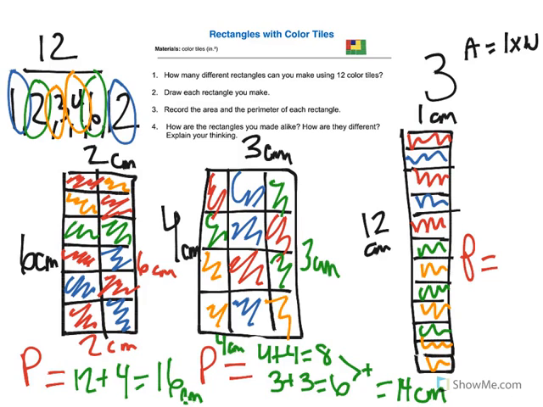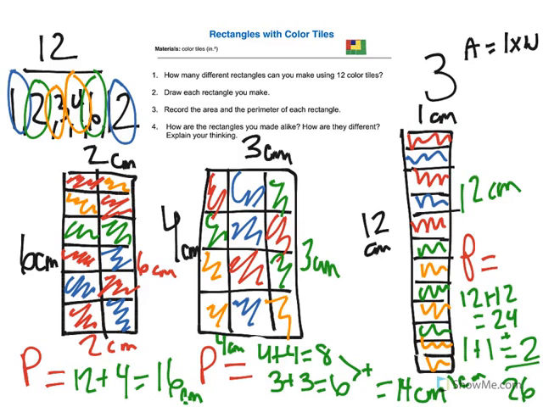So now if we add 12 over here and 1 centimeter down there, 12 plus 12 is equal to 24, and 1 plus 1 is 2, and then 24 plus 2 is equal to 26. So we would get 26 centimeters.